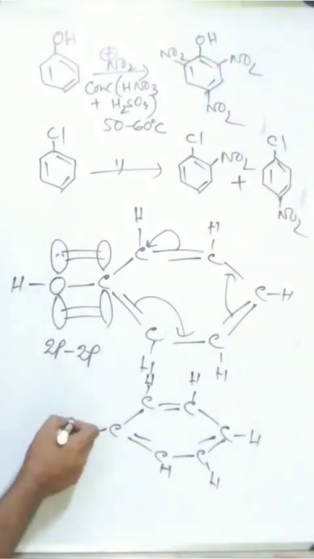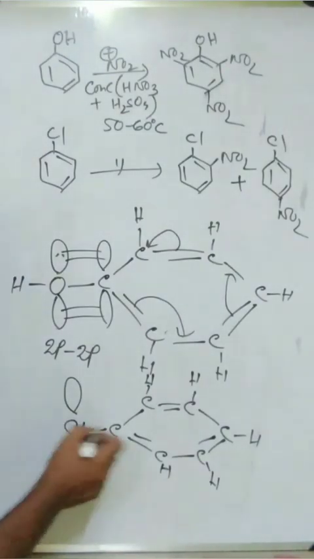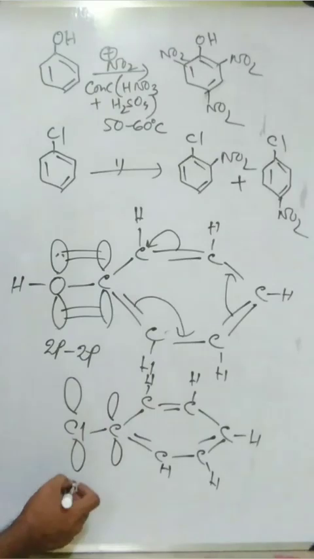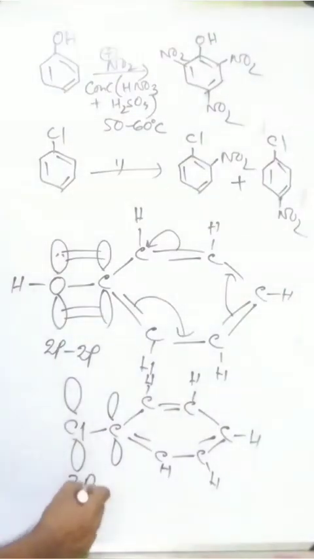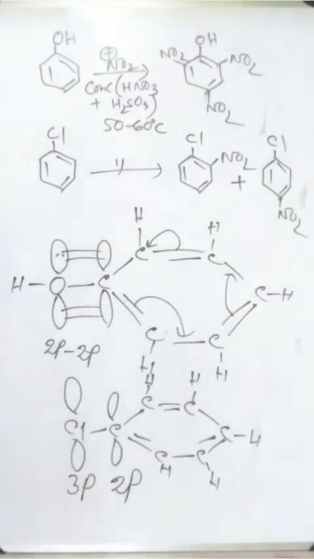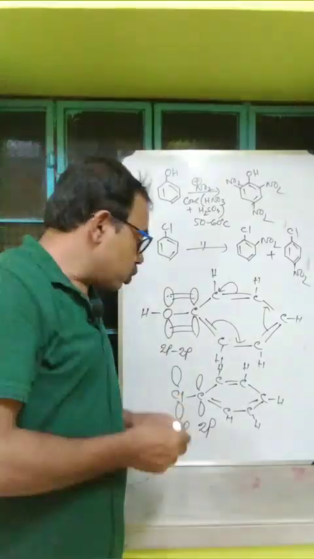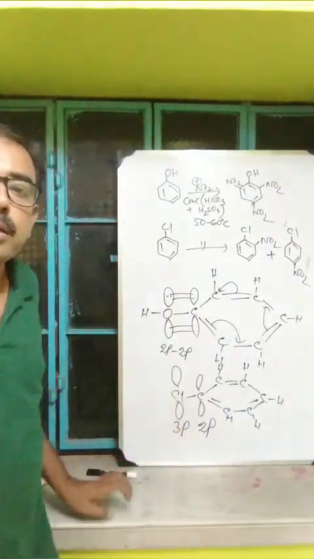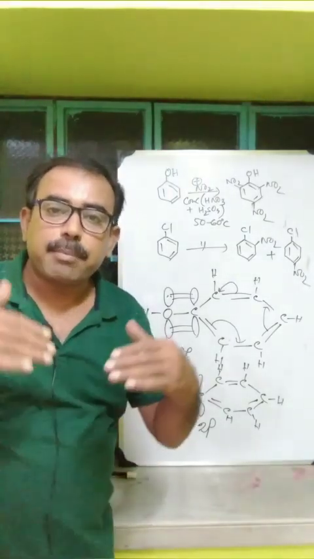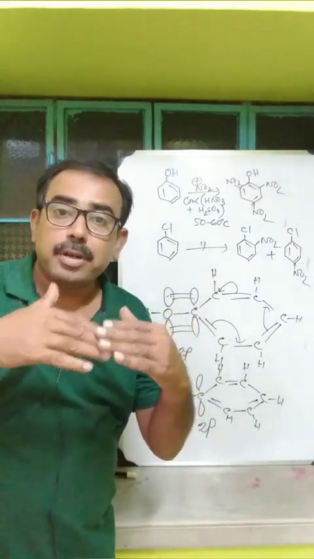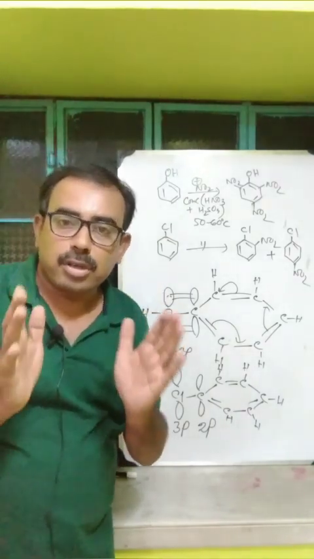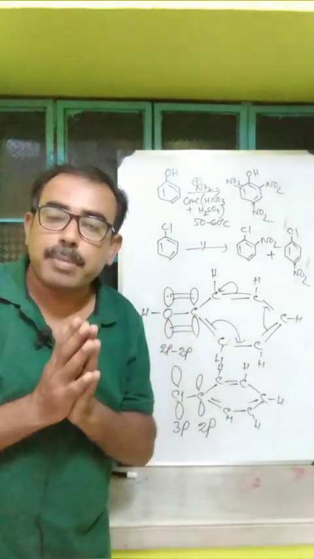Now this chlorine also has a lone pair, and this carbon also has a pz orbital, but this lone pair is in a 3p orbital and here it is in a 2p orbital. Due to the energy difference, two orbitals in different energy levels can make a head-on overlapping, but when lateral overlapping occurs, they should be in the same plane.